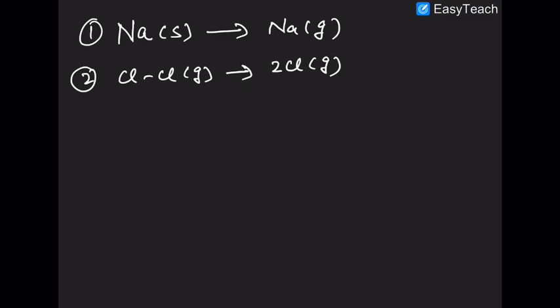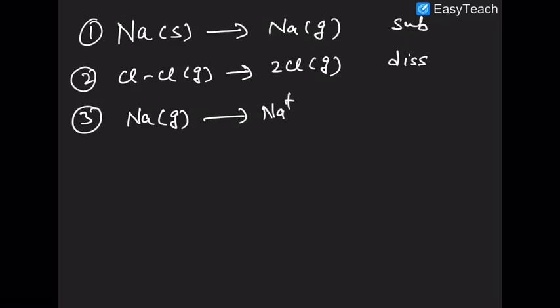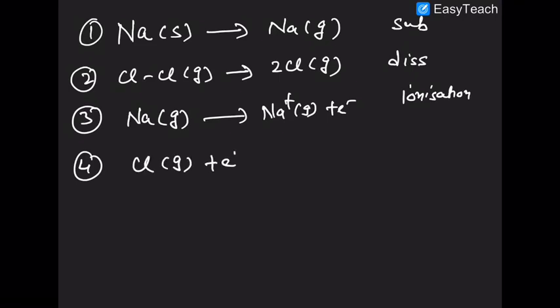So that is sublimation, that is dissociation. The next step will be from the gaseous sodium atom we remove one electron, that is called ionization. The fourth step is when the chlorine atom accepts one electron and becomes chloride anion, that is electron gain.